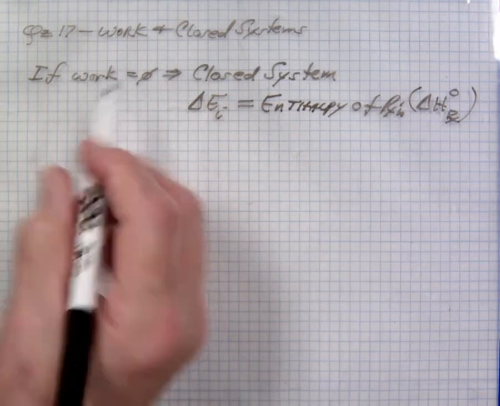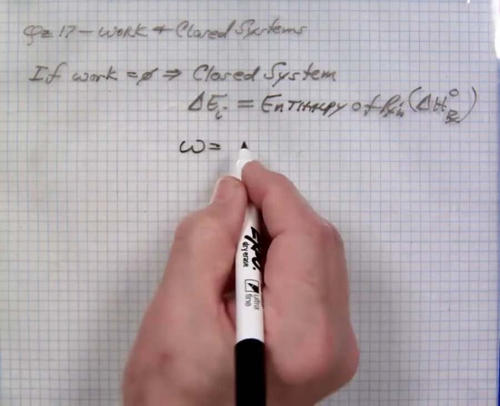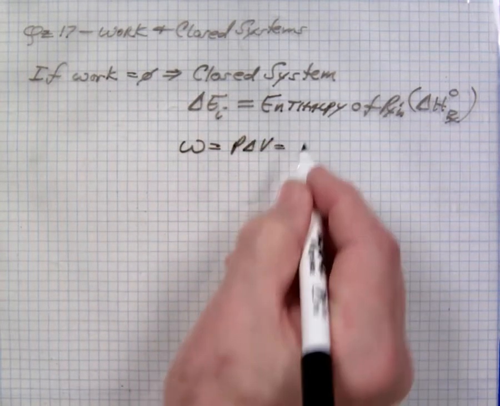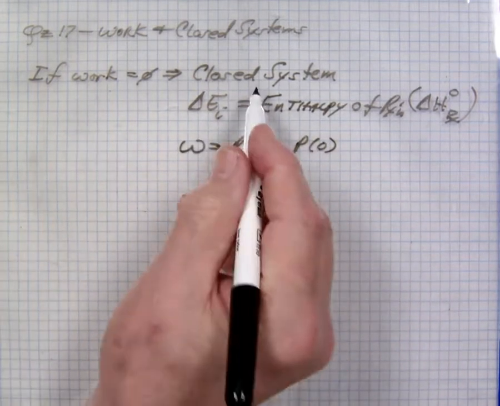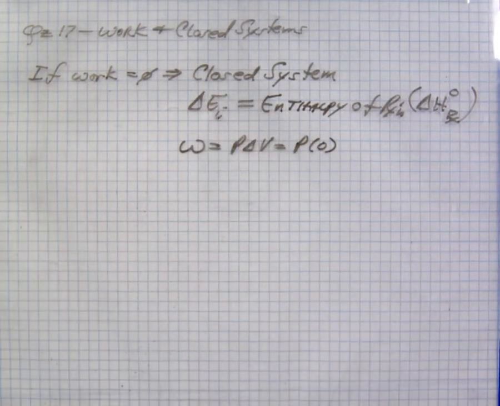The work function, being P delta V, is pressure times 0 in a closed system. In the truest sense of the definition, a closed system is a system in which work equals 0.